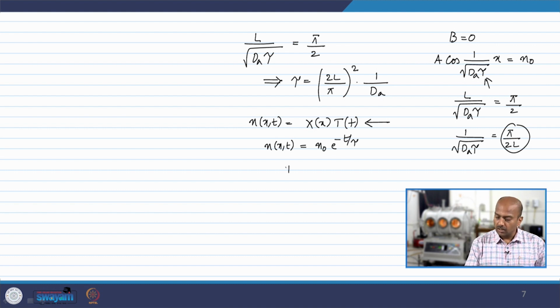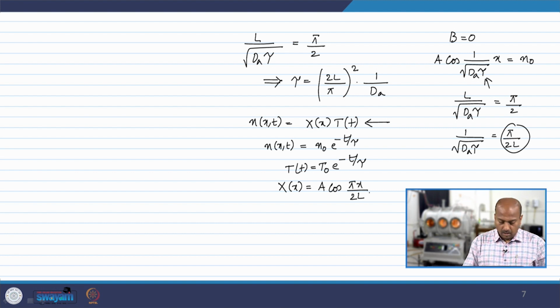But we know that T of t is T naught e to the power of minus t by tau, and X of x is this, A cos pi x by 2L.